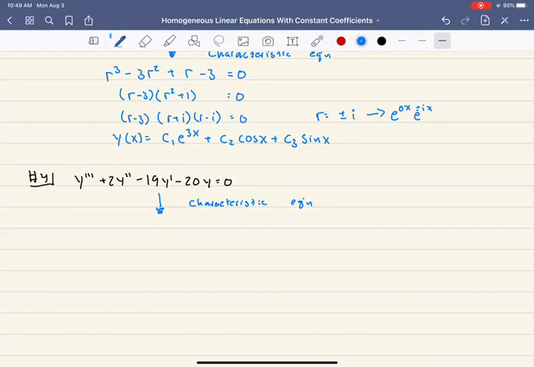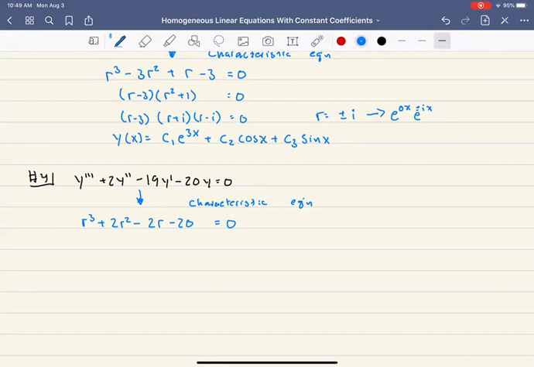So your characteristic equation here is going to be r cubed plus 2r squared minus 19r minus 20 equals 0. Now factoring the characteristic equation, again, that's not the focus of this class.